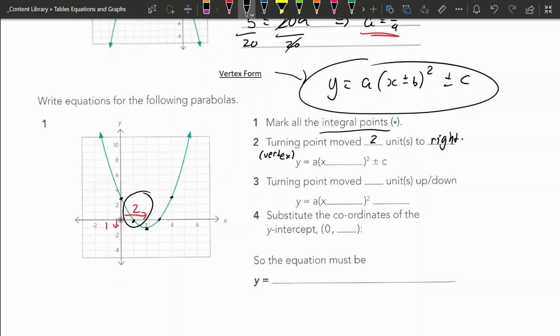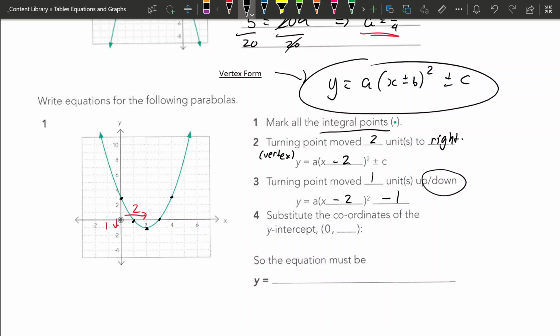Okay, that's what we did there. So is that going to be +2 or -2 in the brackets? It's -2. Every time it's a horizontal movement, it's the opposite of what you think it is. And how much has it moved down? It moved down by 1. So it's going to be (x minus 2) squared minus 1.